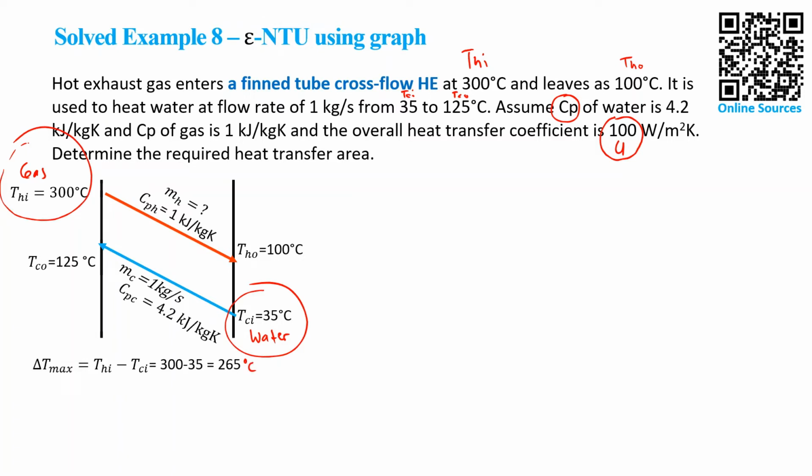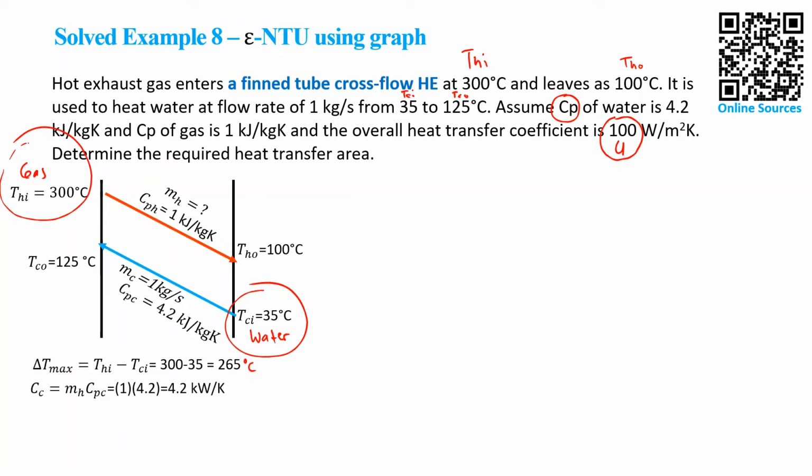Then we calculate one by one the heat flow capacity of the cold stream and of the hot stream. We can easily calculate it for the cold side, because all of the information is given.